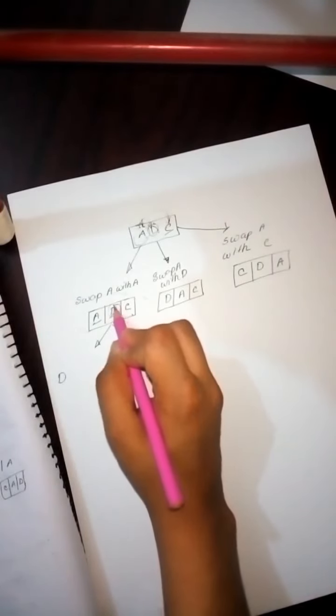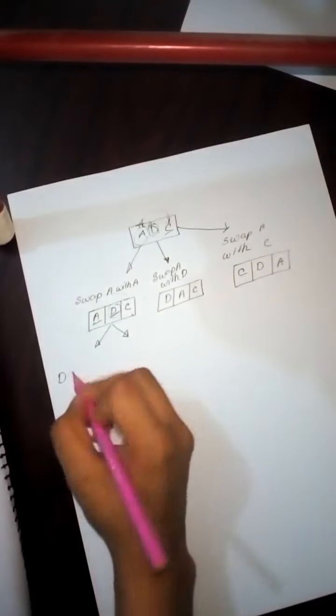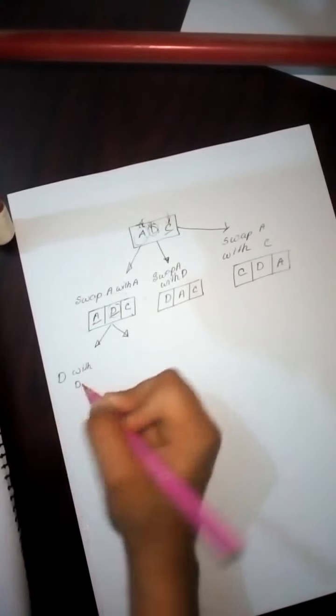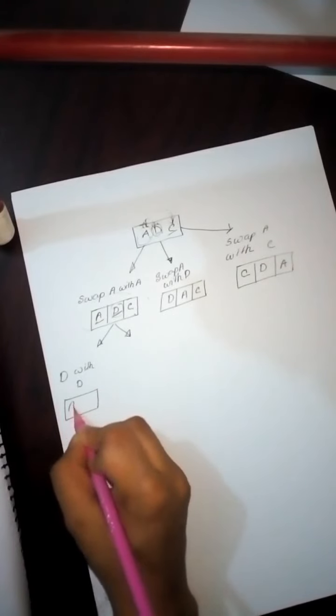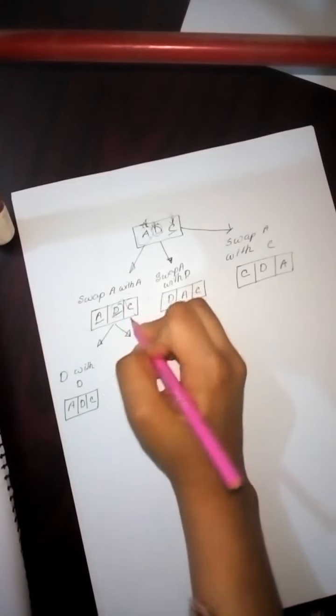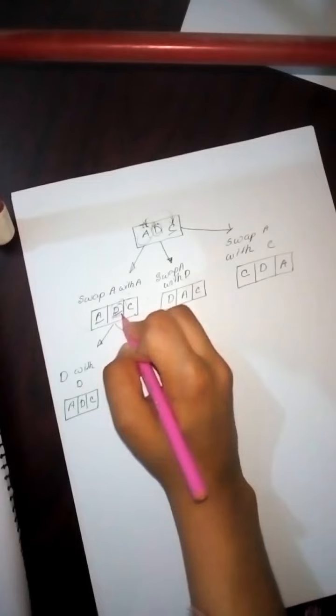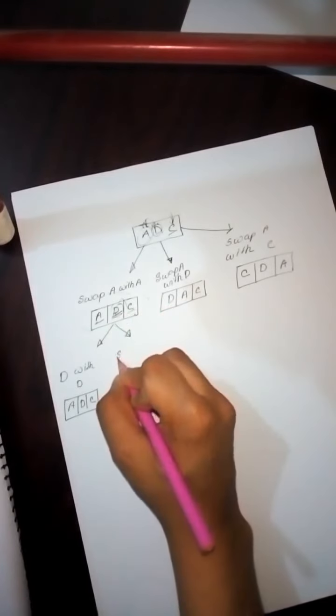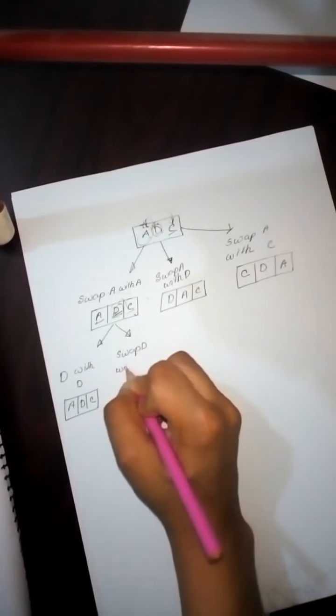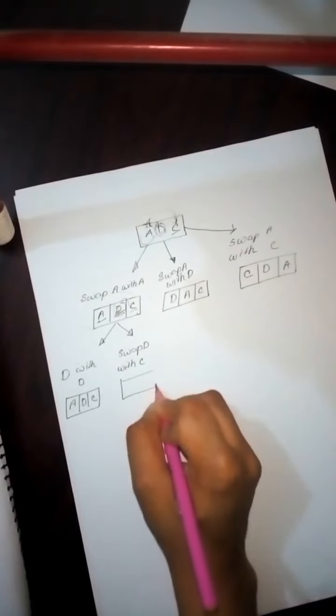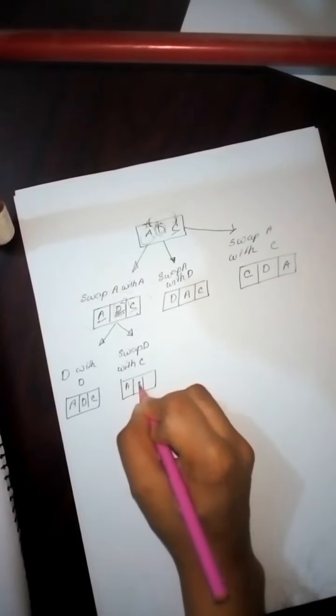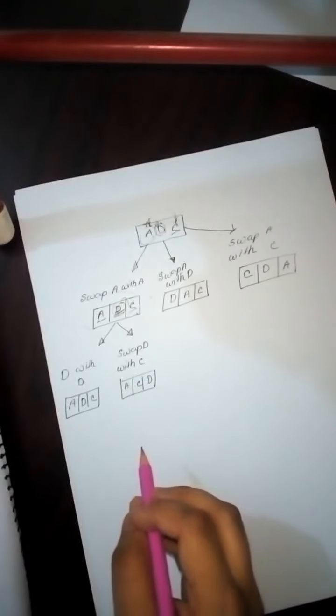So first of all this D will be swapped with this D. After swapping D with D, we get the same thing, ADC, and after that it will go to the next position after iterating. Then we will swap this D with C, and this will become ACD. D will come to the position of C and C to the position of D.